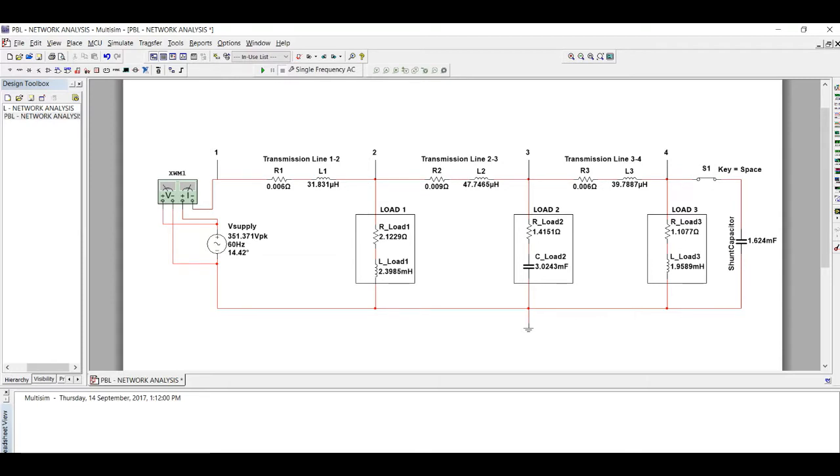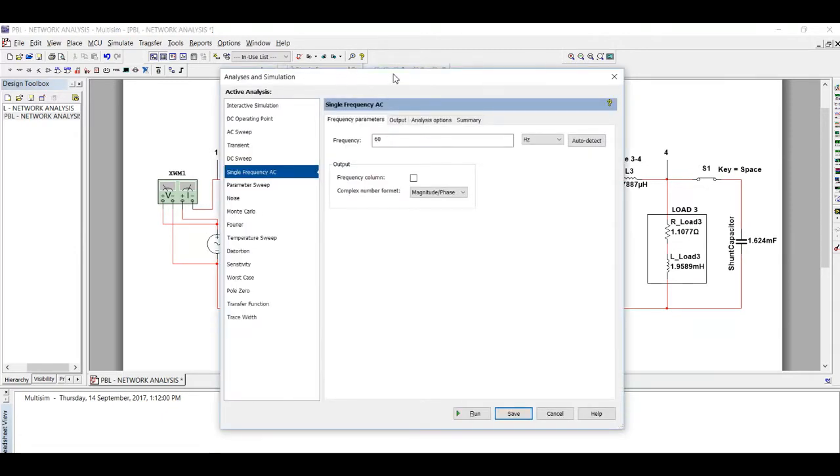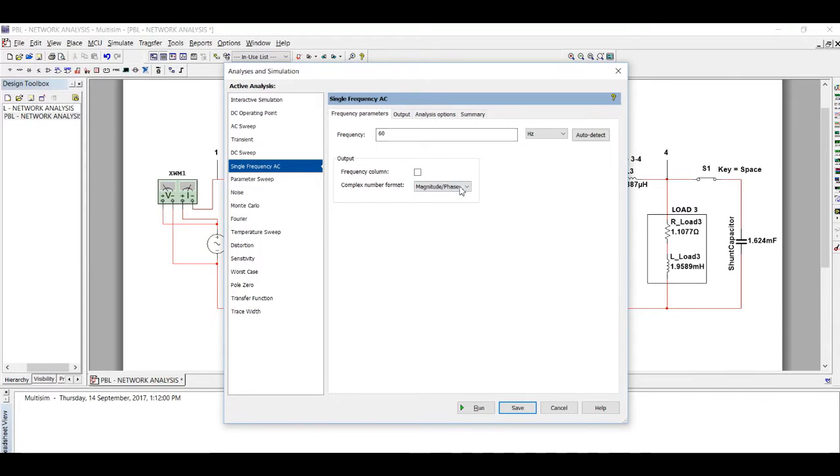This is done by connecting a shunt capacitor of value 1.624 millifarad to the system. As you can see here, the shunt capacitor is connected to the circuit. So let's see the new real, reactive, and apparent power and also power factor of the system.